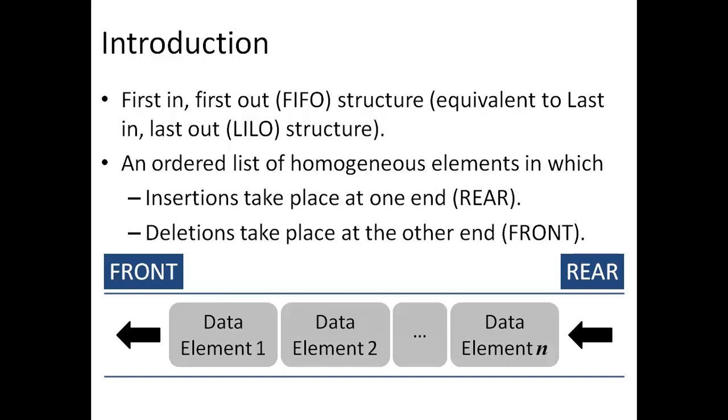Elements are always inserted from the rear end, whereas the front end is always used to delete an element. In other words, whichever element is present at the front position, it will be deleted. No other element from in between the queue will be deleted.